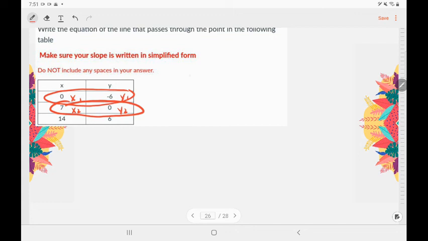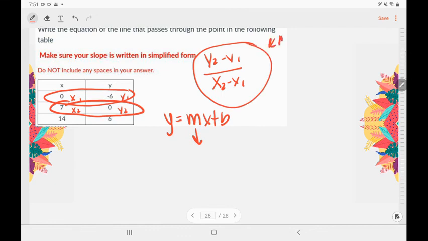I'm going to use my slope formula. Again, y2 minus y1 over x2 minus x1. Because remember, I'm trying to fill out slope-intercept form, y equals mx plus b. So I want to replace m with my slope. Remember, this is my m. And I'm going to find my y-intercept as well. But let's focus on our slope first.